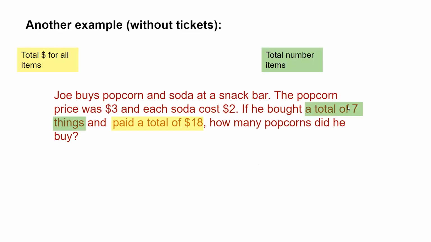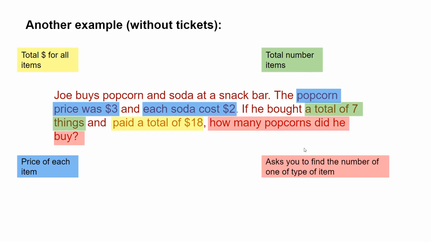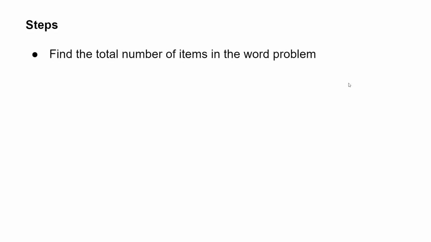We have the total number of items, 7. We know that the prices of the popcorn were $3 and the sodas $2. And we're being asked how many bags of popcorn did he buy? So it fits exactly the same situation, even though it's not technically a ticket problem, we would use the same approach to solve it.